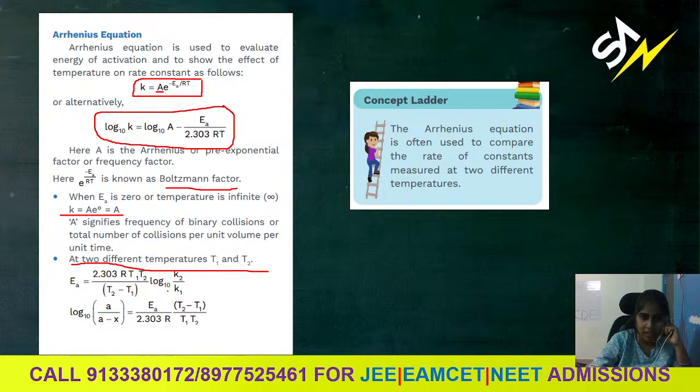So these equations are very helpful for you in solving problems based on the Arrhenius equation. Many of the problems will come based on these equations. So remember, when different temperatures are given, this is the Arrhenius equation to calculate activation energy.